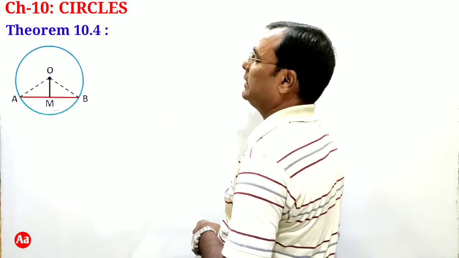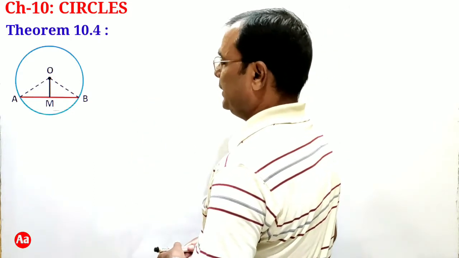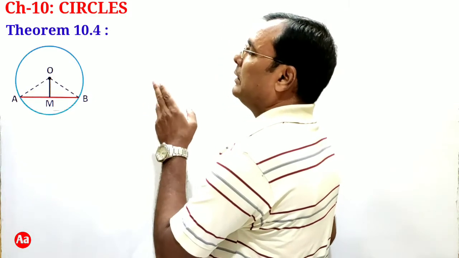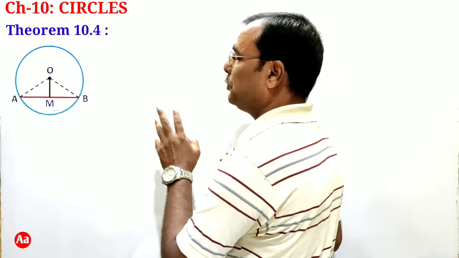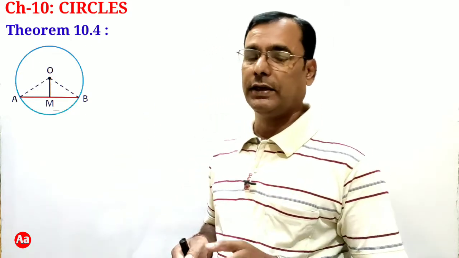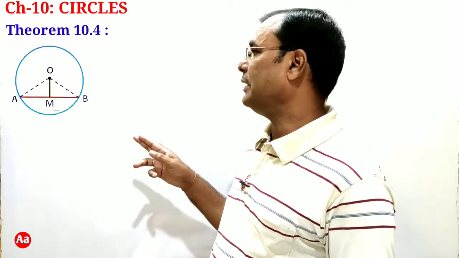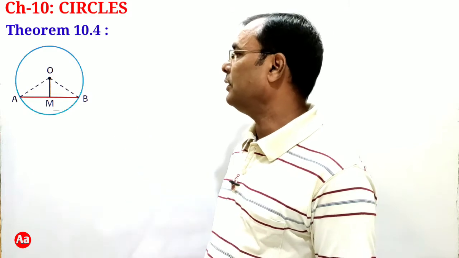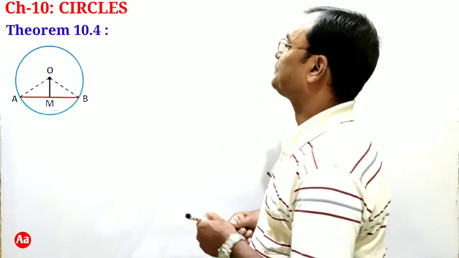To prove this theorem, let us join OA and OB and take triangle OMA and OMB and prove them congruent. When we will prove triangle OMA and OMB are congruent, then we can say that angle OMA and angle OMB are equal by CPCT.